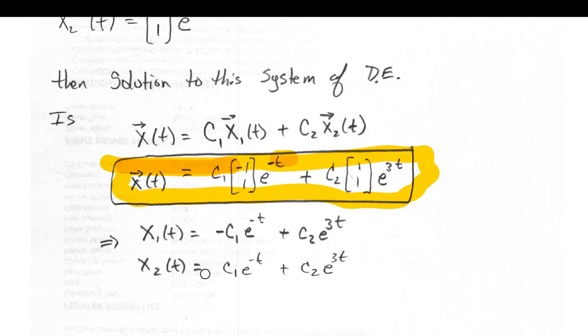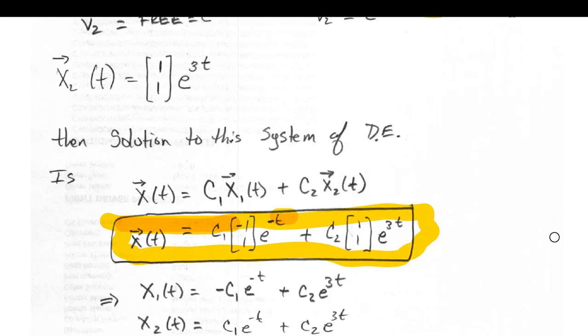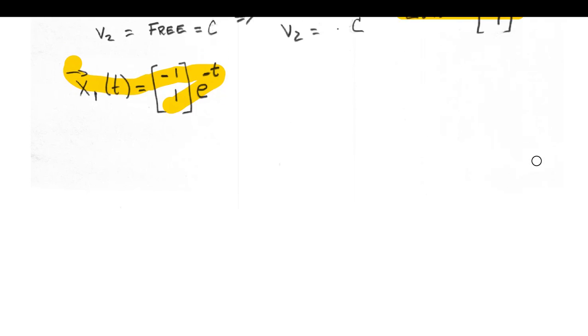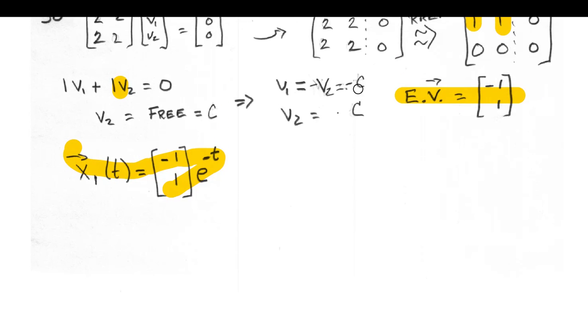Now remember, we had the situation of the free variable. So I could have chosen, for example, minus 1 to be my eigenvector. I could have chosen this c to be minus 1, and then I would have had 1 on top and minus 1 on bottom.